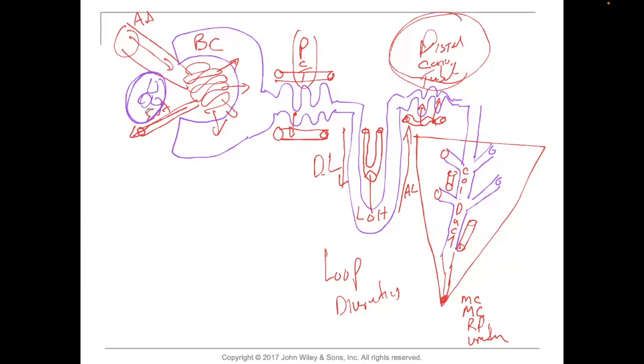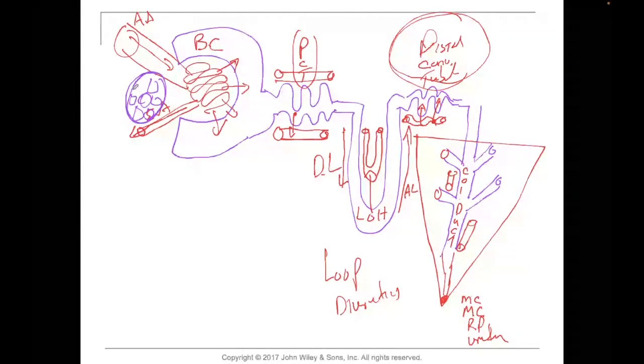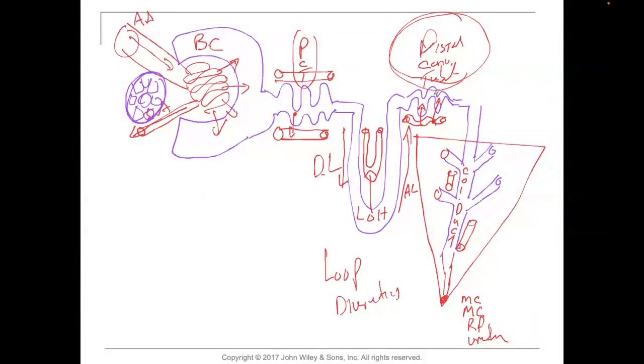I'll make a bunch of these cuboidal cells here. The distal convoluted tubule is going to make so many twists and turns, it's going to find its way to approach the Bowman's capsule right between the afferent and efferent arteriole. This is still the distal convoluted tubule.